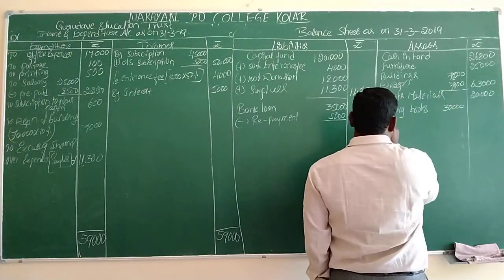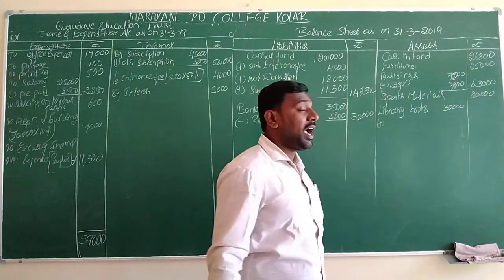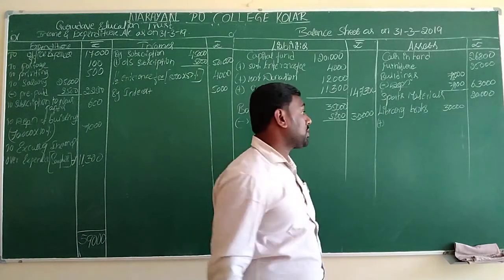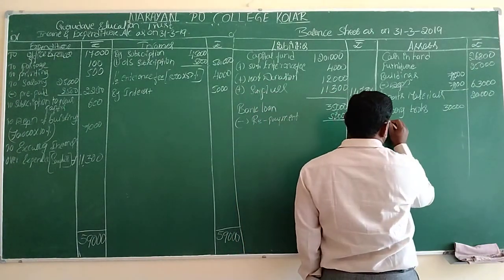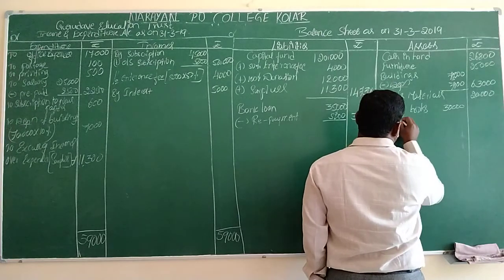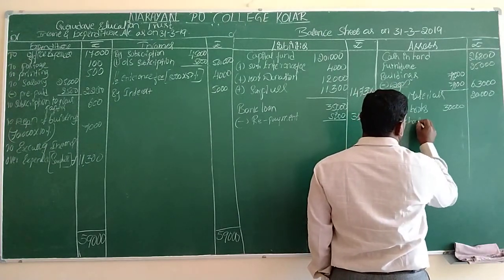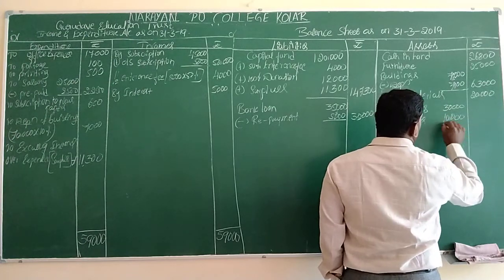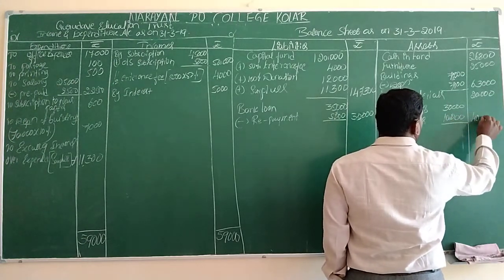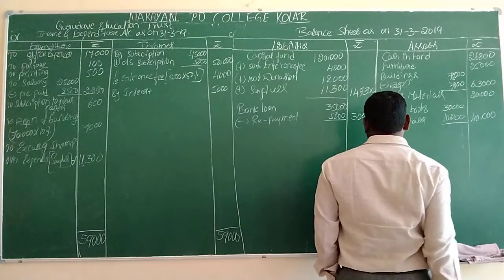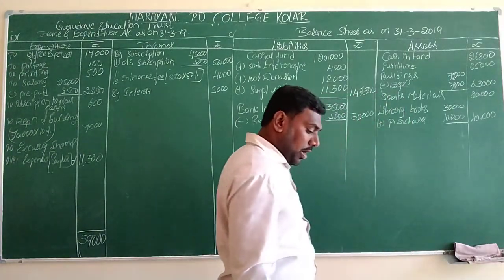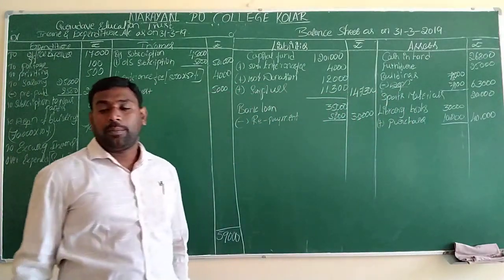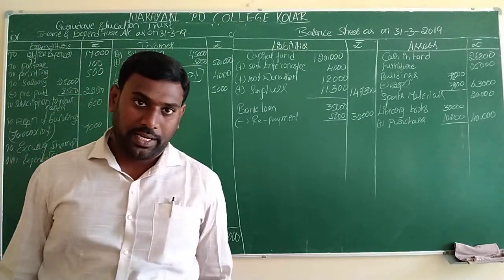Plus, for this we have to add the books which are purchased in the receipts and payments account, given as purchases, that is 10,000. 30 plus 10, 40,000. So all the transactions from the previous balance sheet are completed.